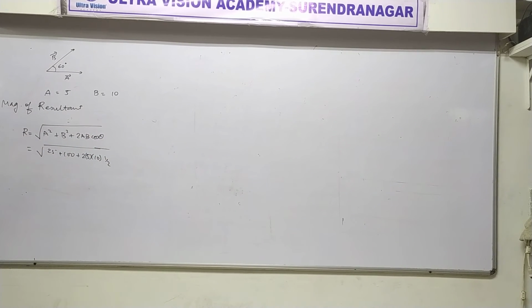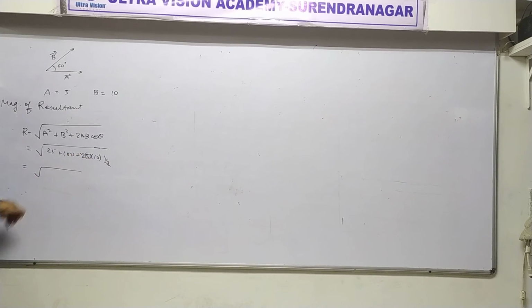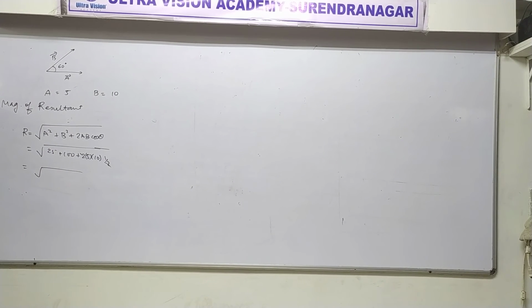Understood? Yes. This is why I was insisting so much on knowing all the values. Trigonometry like this will come up in different places in physics. You cannot run away from it. So, 2 cancels, square root of 175.